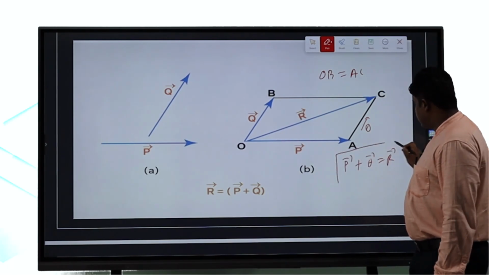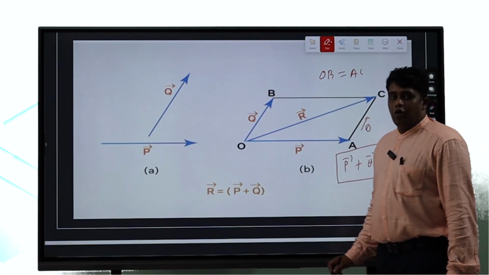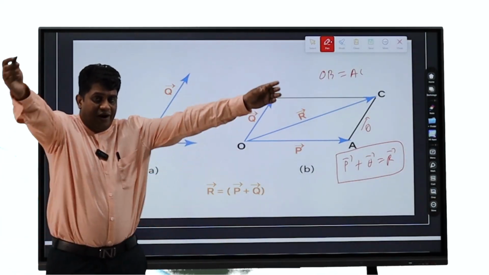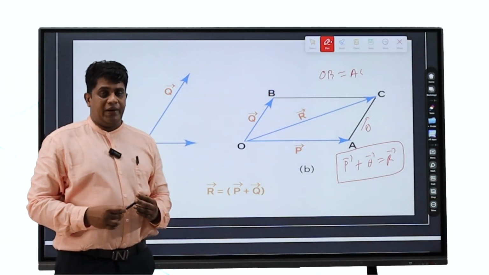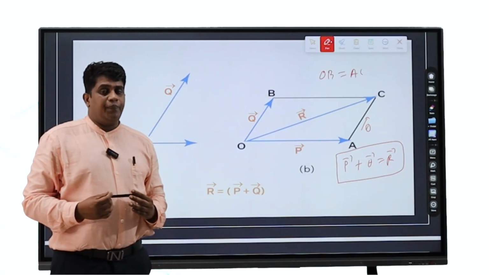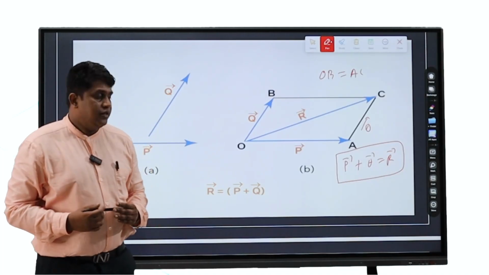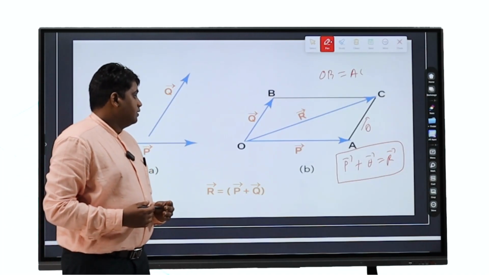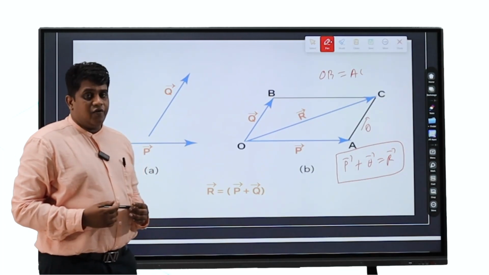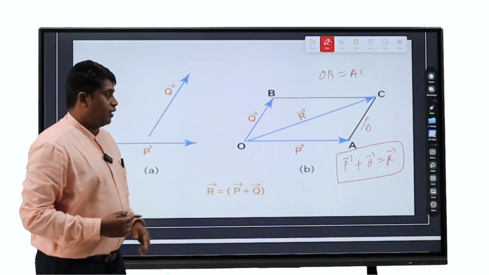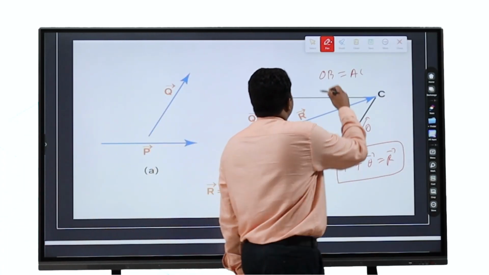This is known as the parallelogram law of vector addition. That is, if we are given two adjacent sides of a parallelogram, the diagonal of the parallelogram is the sum of those adjacent sides.